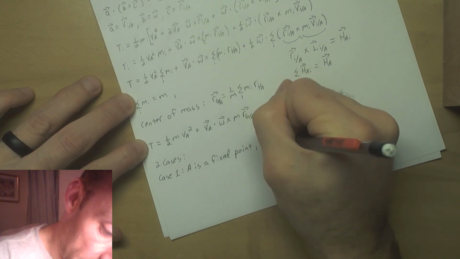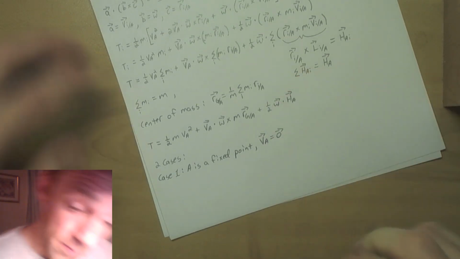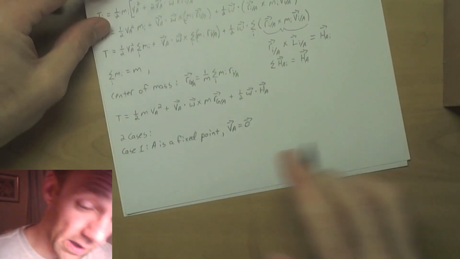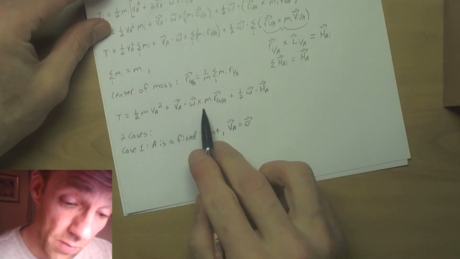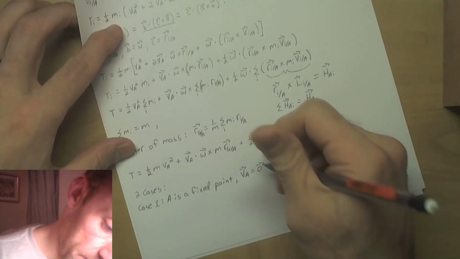If that's true, then v_A drops out completely, and so the first two terms disappear.